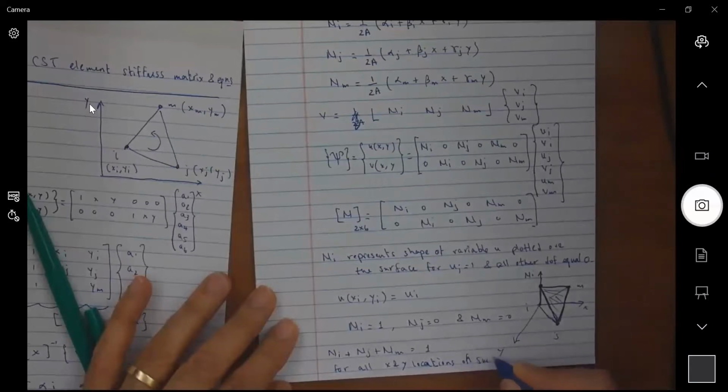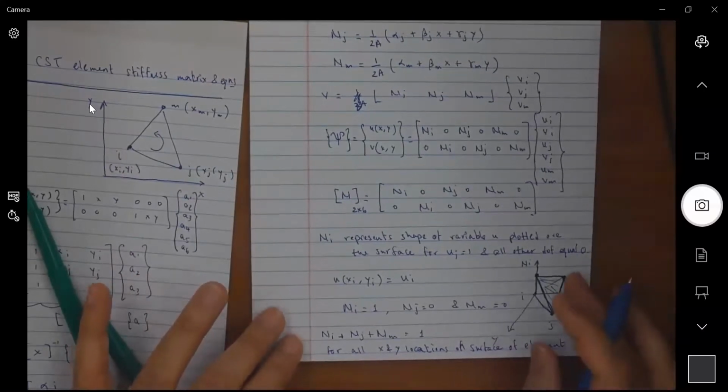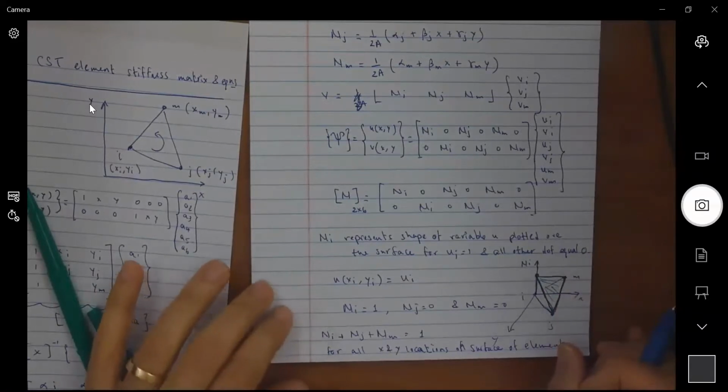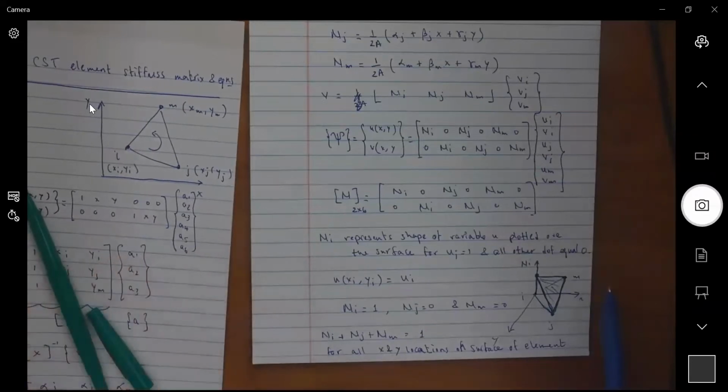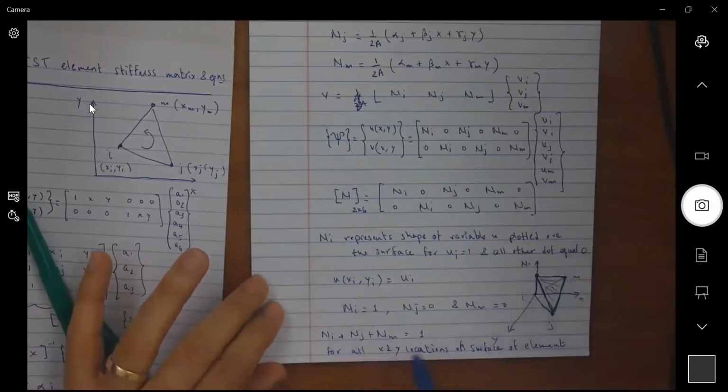Why is this important, or where did this come from? Our shape functions should allow for rigid body motion. So if we get a uniform translation due to rigid body motion, then they should all be added together to 1.